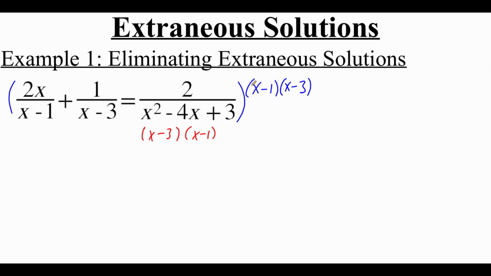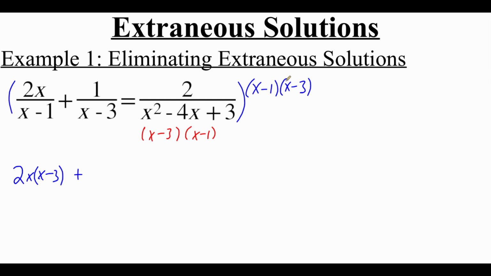So the first thing I'm going to do is take the x minus 1 and the x minus 3 and multiply them to the first fraction. Now notice the first fraction is being divided by x minus 1, so those terms will cancel each other out. The 2x will still be in there, and the x minus 3 will still be in there because we didn't cancel out that term.